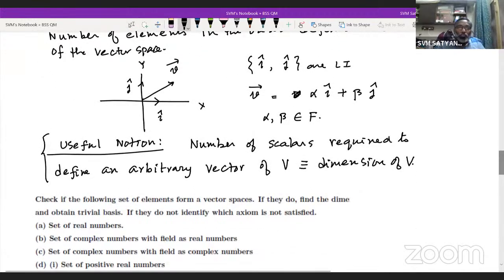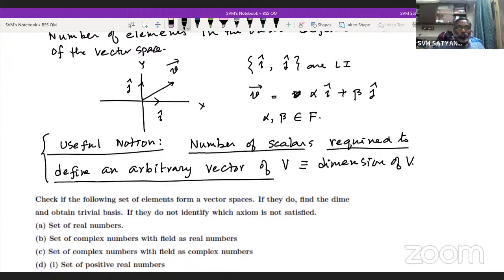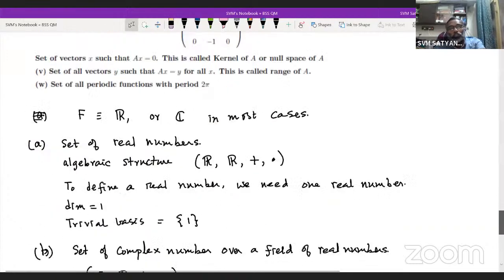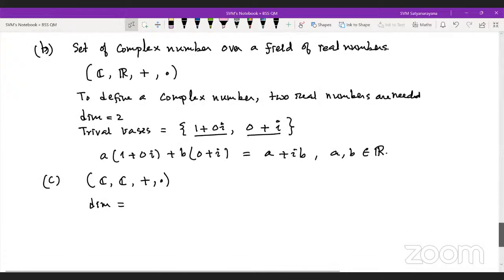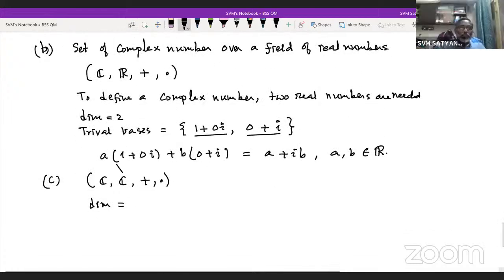The number of scalars required to define an arbitrary vector of V is called the dimension, right? Now, what is the set of scalars here? The set of scalars is also complex numbers and the set of vectors is also complex numbers.